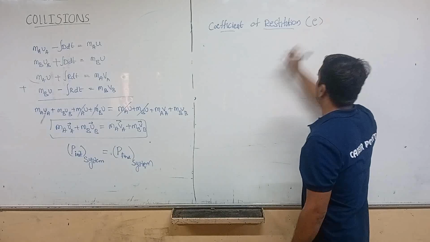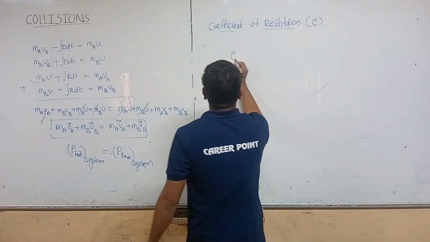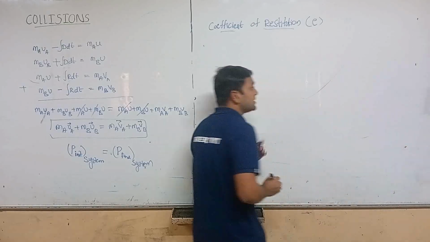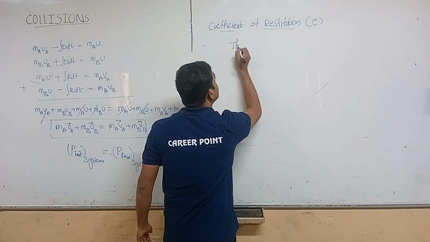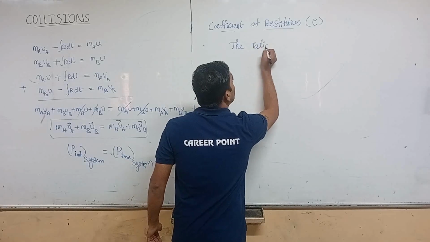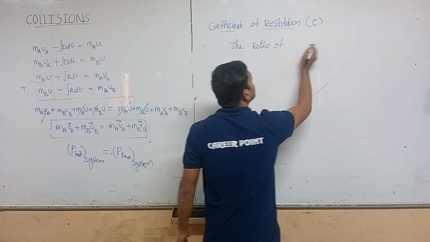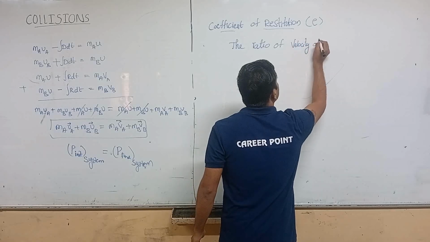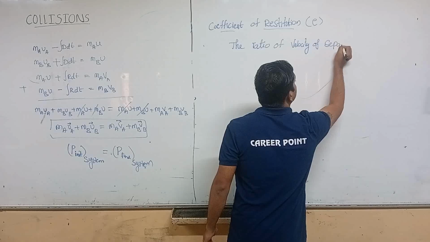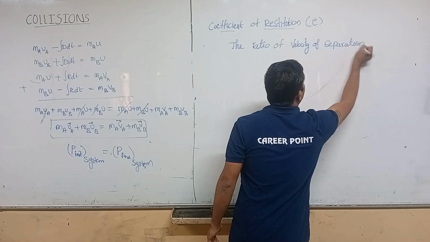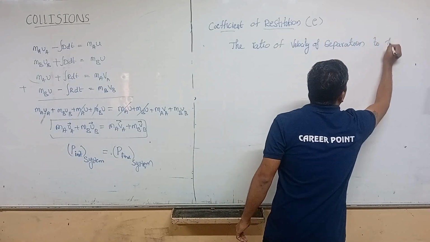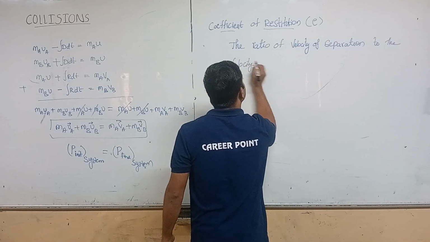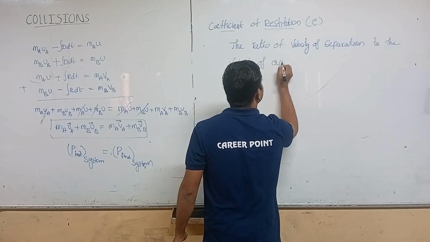It is denoted by E. The definition of the coefficient of restitution is the ratio of velocity of separation to the velocity of approach.